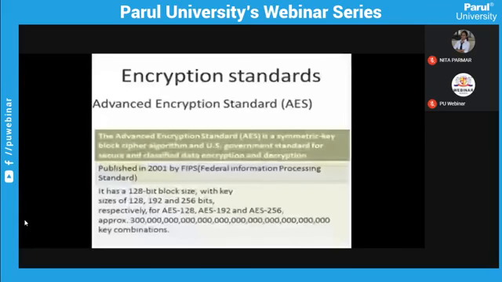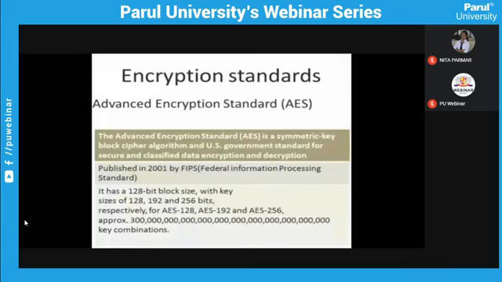famous algorithm, the Advanced Encryption Standard algorithm, known as the AES algorithm. So AES is a block cipher algorithm which was introduced by the US government to ensure the security of classified data.